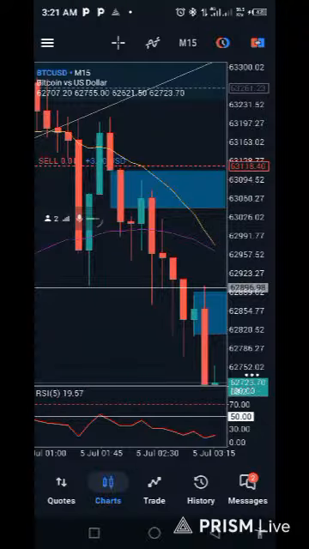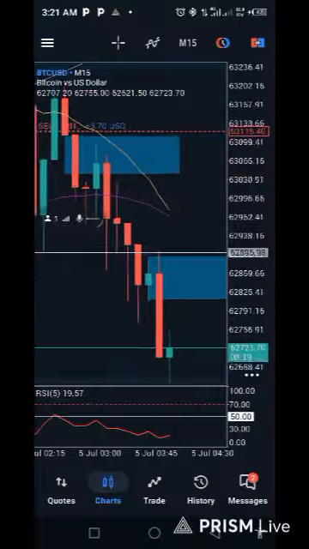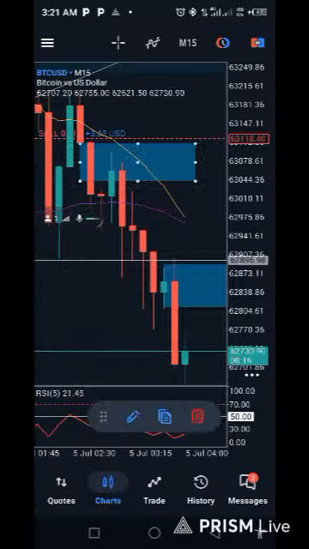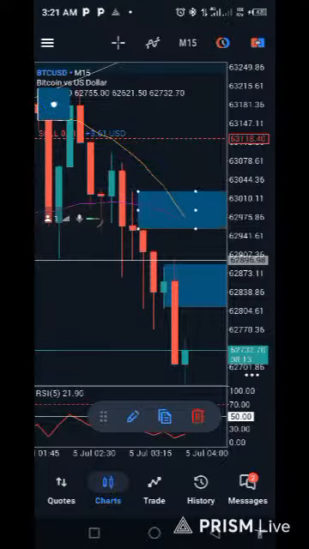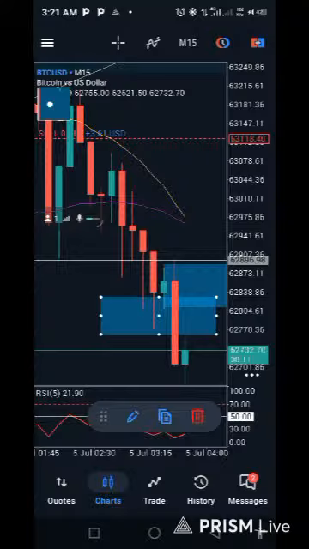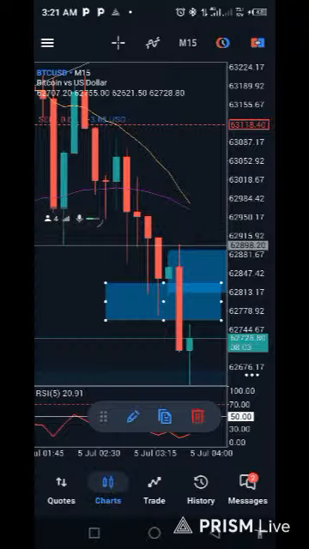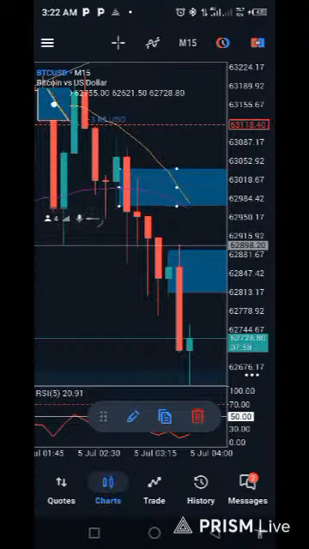Sometimes it reverses at the zone of the order block. Now here this fair value gap has been mitigated. Now a break of structure happened here too. Now what do we expect? It's supposed to go up and touch the other block here, which it did already.